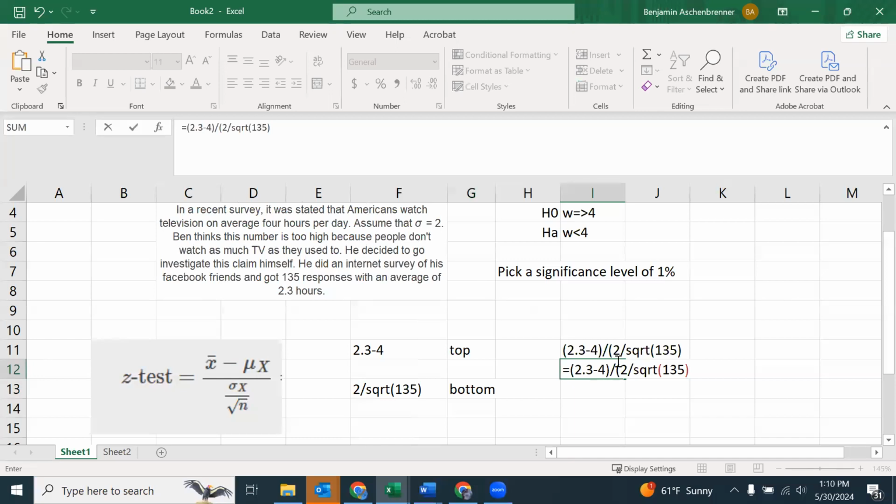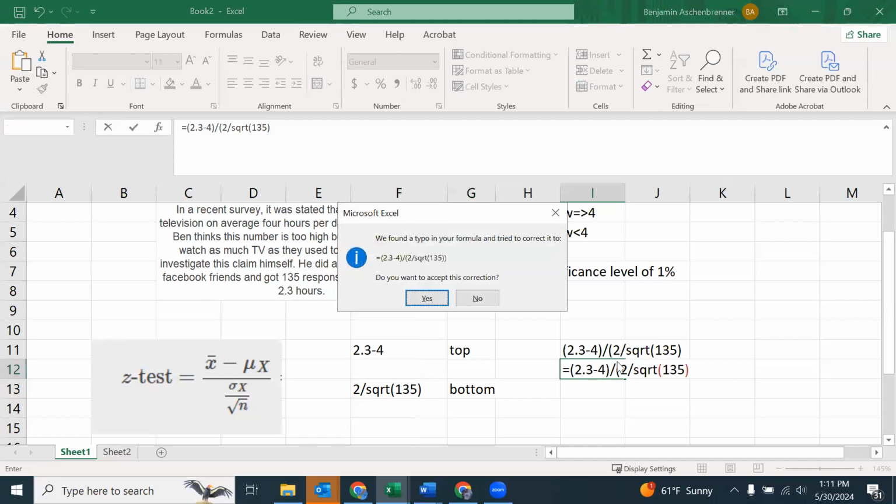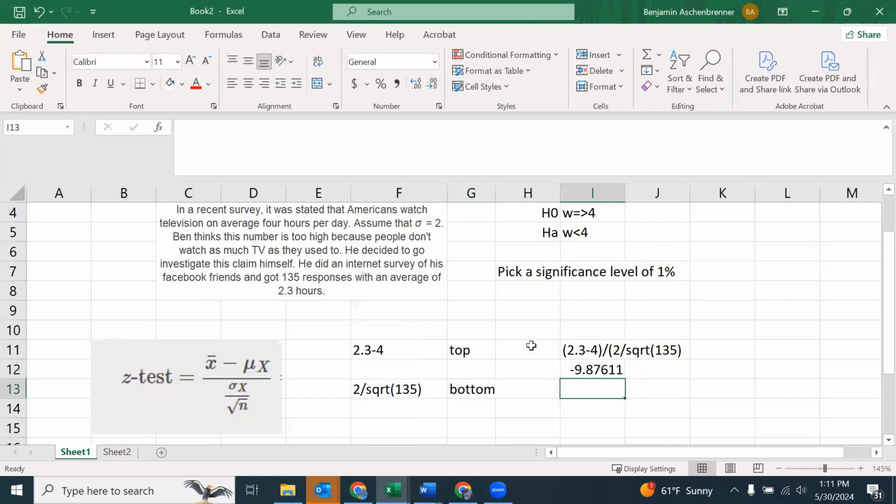Now, how close to the truth is kind of a randomness aspect to it, and that's where the whole idea of the central limit theorem comes in, because I'm looking at, oh, I forgot the closing parenthesis here.